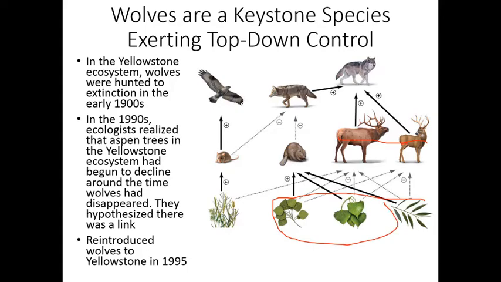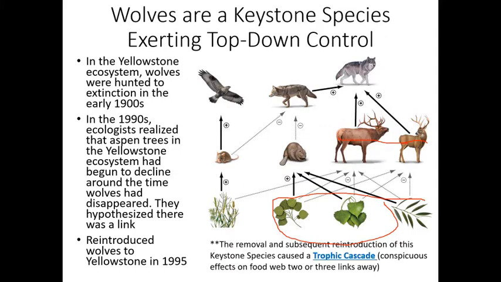And so the wolves are a keystone species, and their reintroduction was able to produce what is called a trophic cascade. So this is the wolf as a keystone species having effects on other trophic levels, maybe 2 or 3 steps away. Right, so the wolf, of course, had an impact on the cottonwoods by controlling the herbivore population.